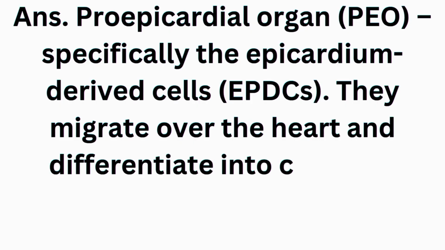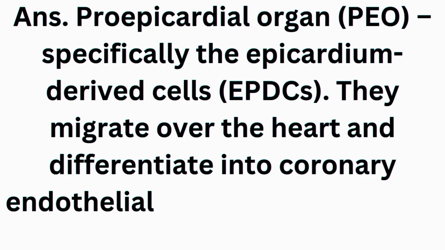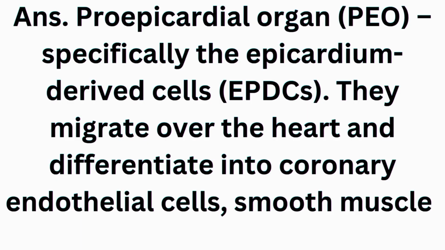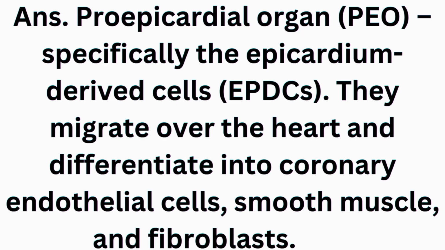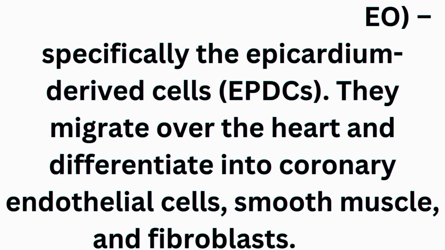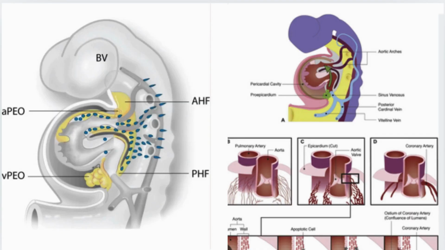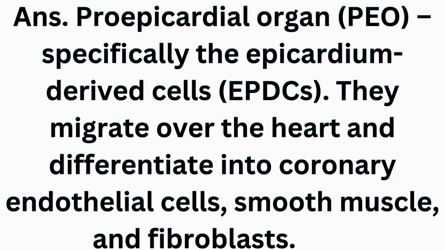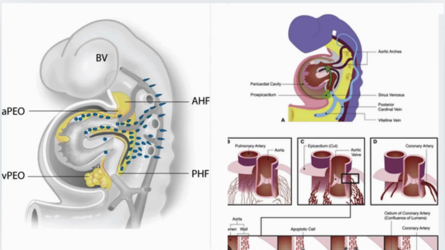These cells migrate over the heart and differentiate into coronary endothelial cells, smooth muscles, and also fibroblasts. Did you know? The heart's own blood supply doesn't come from the endocardium. It comes from the outside in, from the proepicardium.